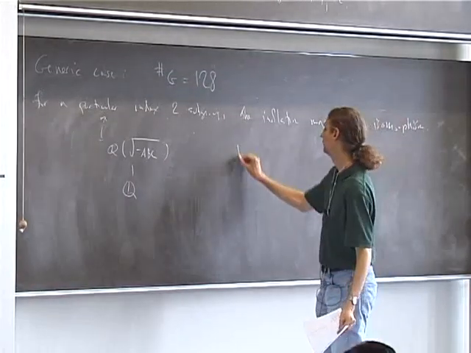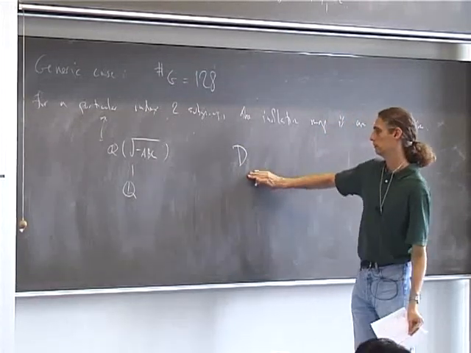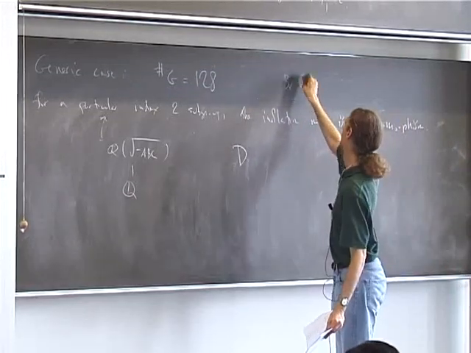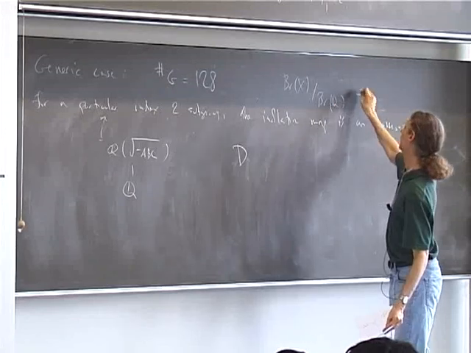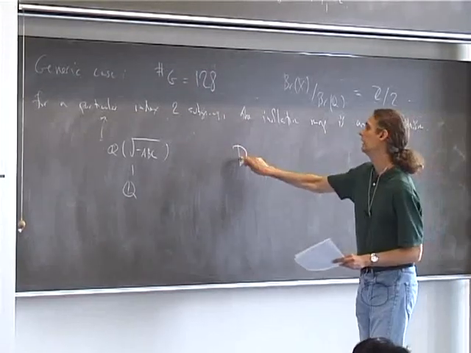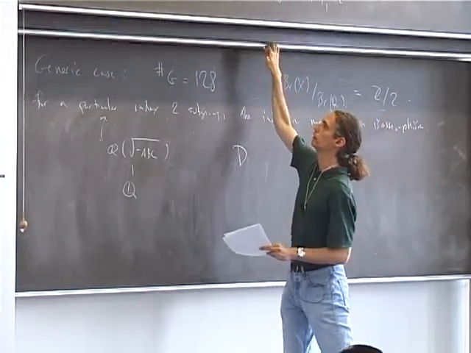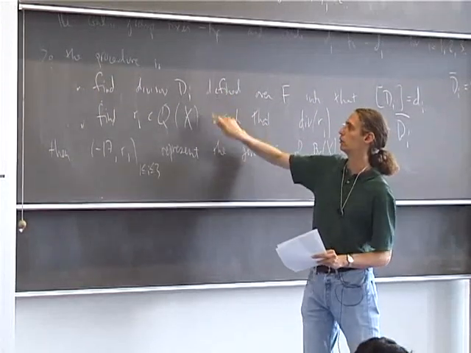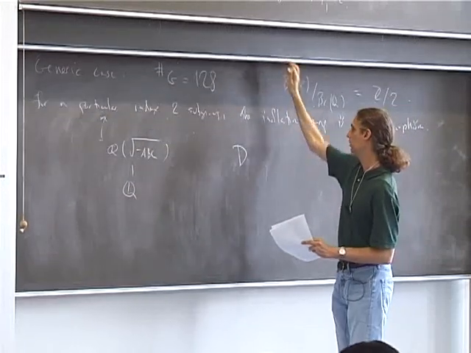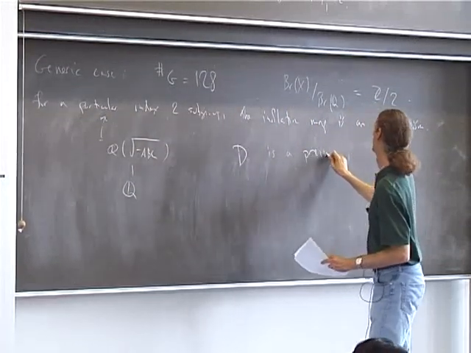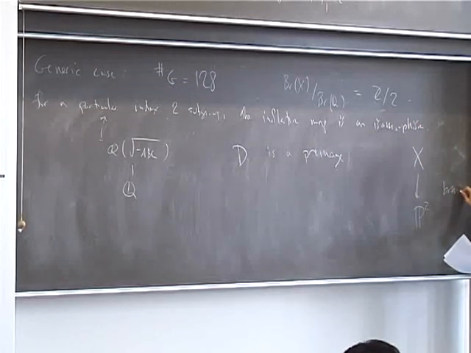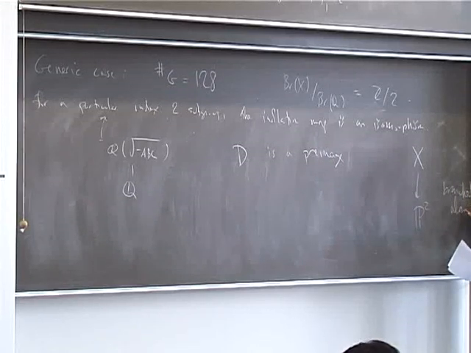And now this D, well, there's no need to have an index. There's only one of them, because, I said this last time, it's 2. So then this D, this divisor that entered into this program here, D is a preimage. So remember, X is a double cover of P2, branched along the quartic.